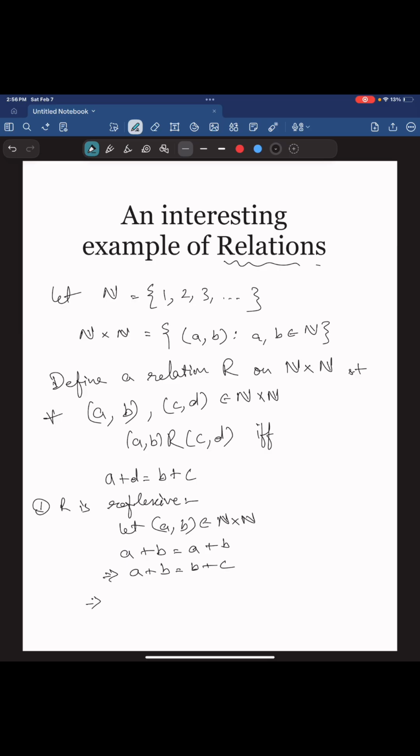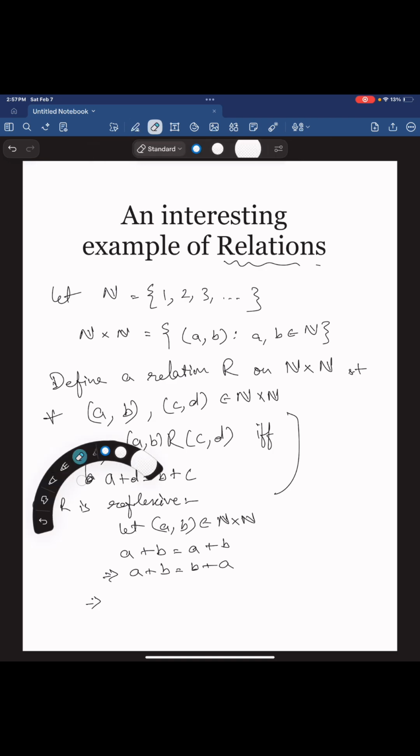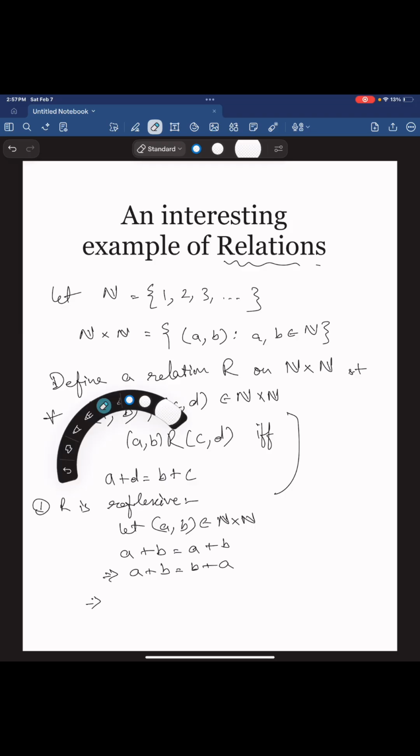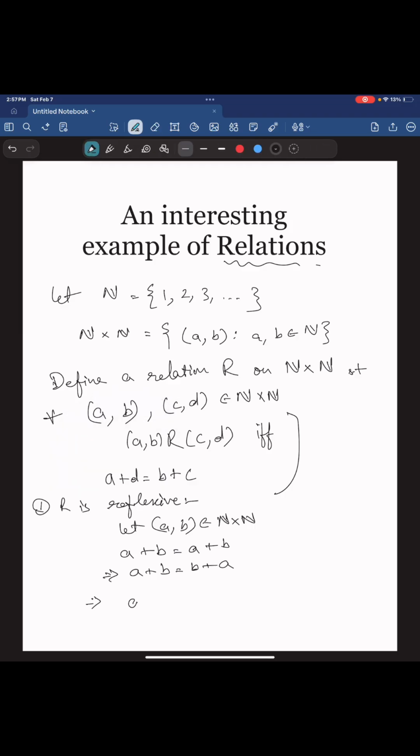Oops, not c, it should be a, my bad. And so from here, if I see this picture, now I have a plus d equals b plus c. This would imply (a, b) is related to (c, d). Similarly, I have something like this here, a plus b equals b plus a. I can write (a, b) is related to (a, b).